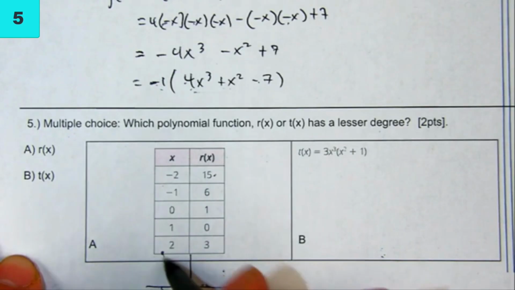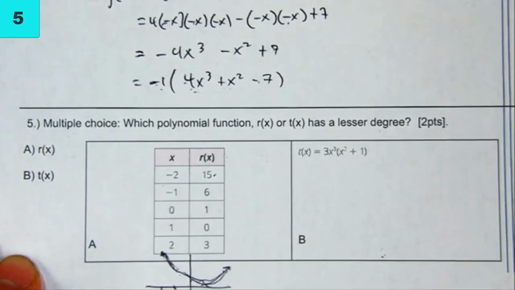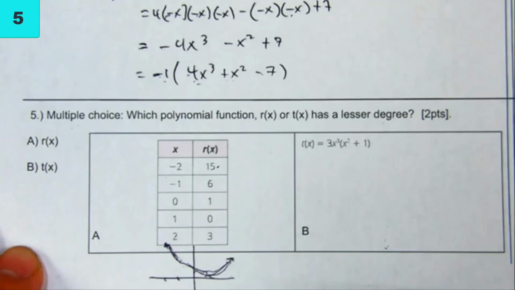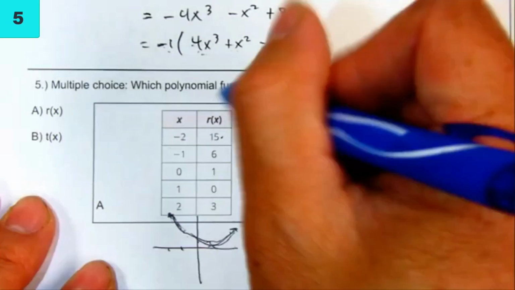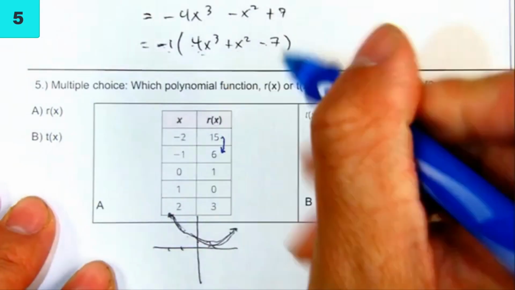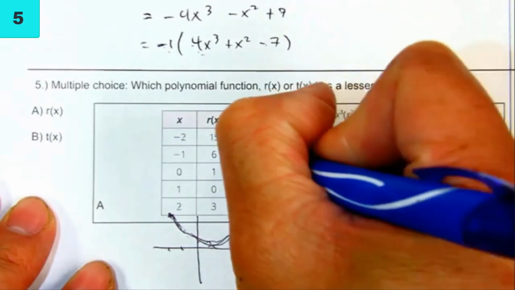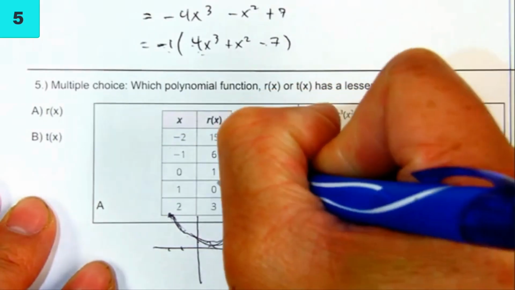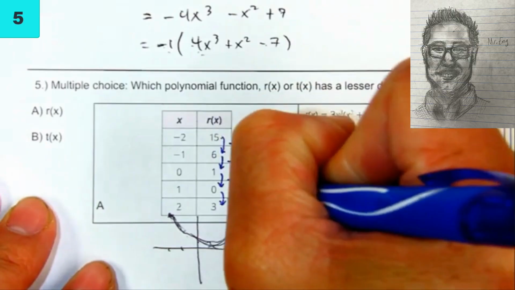So I'm not sure. It could be absolute value, but we can double check by our common difference. So let's do that. This would be -9, -5, -1, +3.